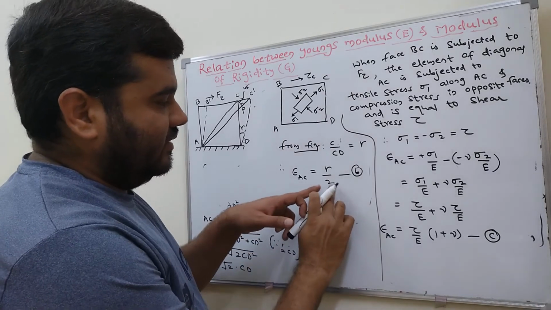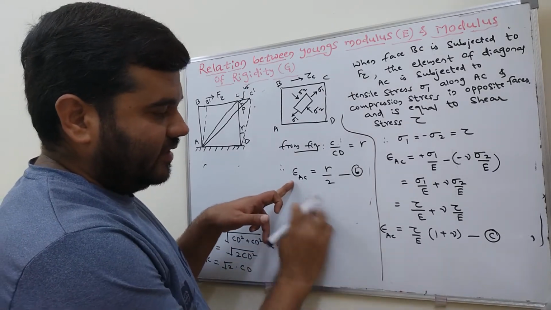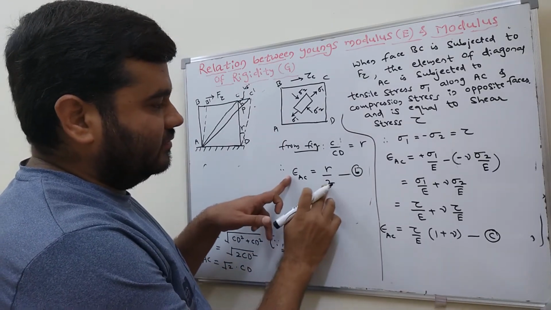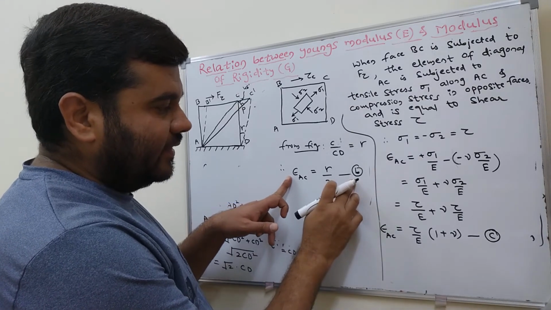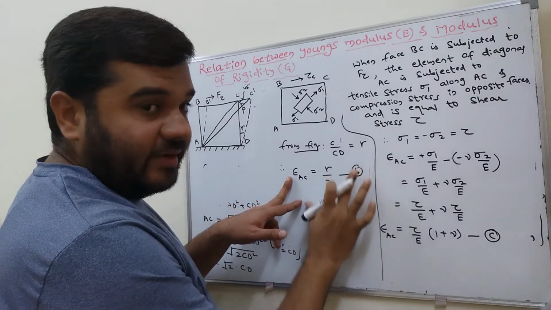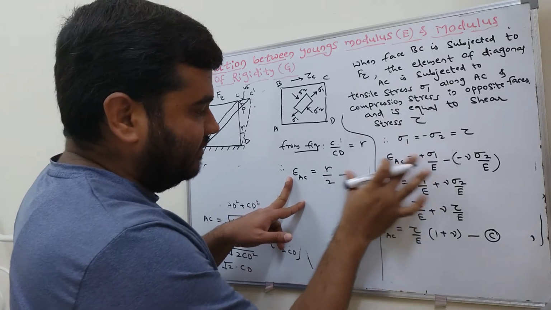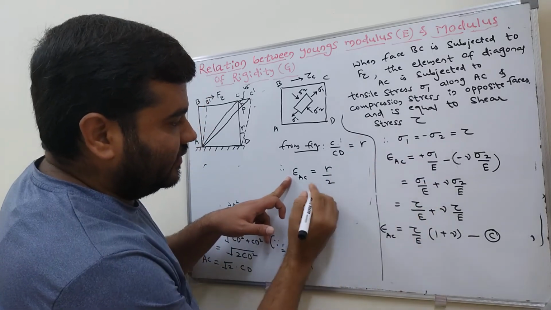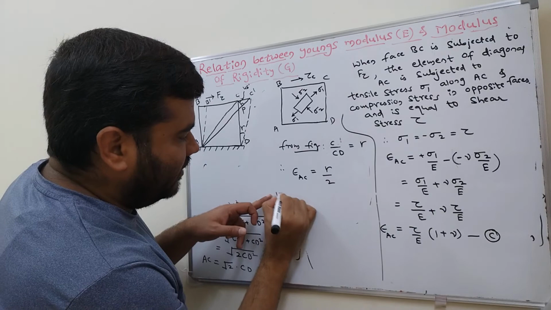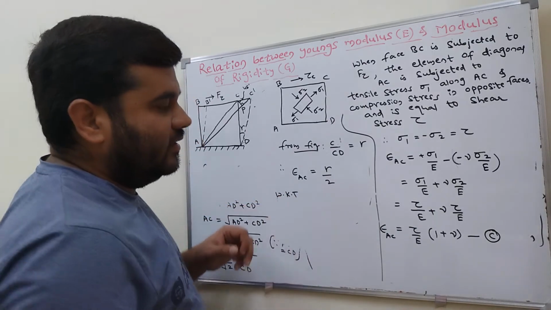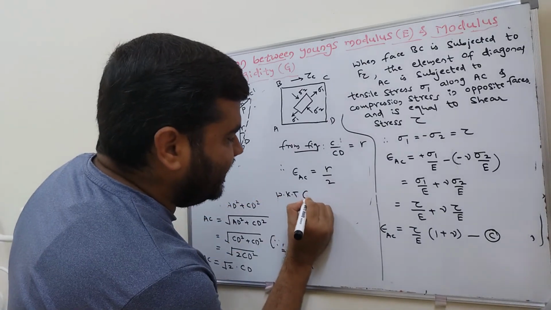So now here we can compare these two. But before that, I'll elaborate and simplify a little bit. We know one more formula: what is the modulus of rigidity G?